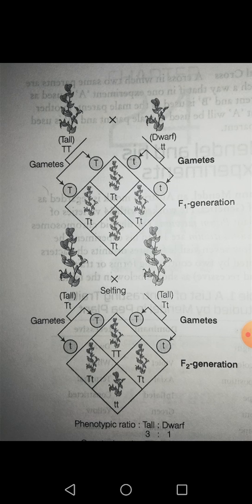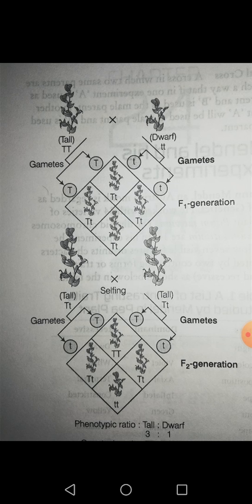During gamete formation these alleles separate from each other, that is, in one gamete only one allele will be present. In the tall plant there are two gametes. Suppose it's a male plant, so the gamete will be sperm, or pollen in simple words. Each of the gametes contains a capital T allele. Similarly, suppose the dwarf plant is a female plant producing eggs, so each egg contains a small t allele.